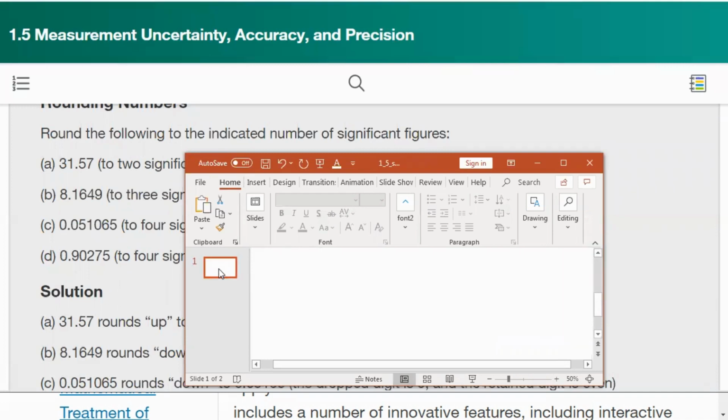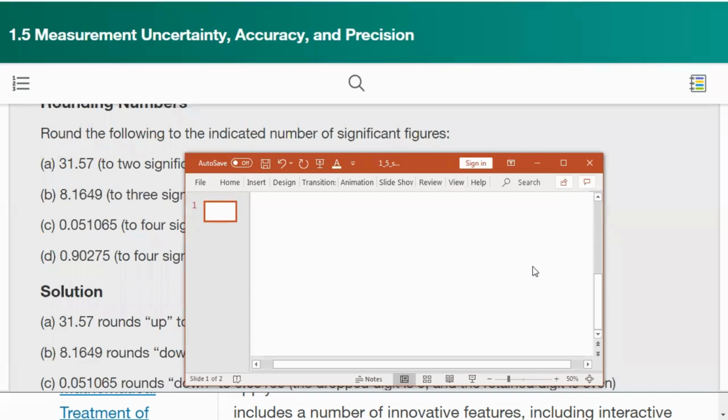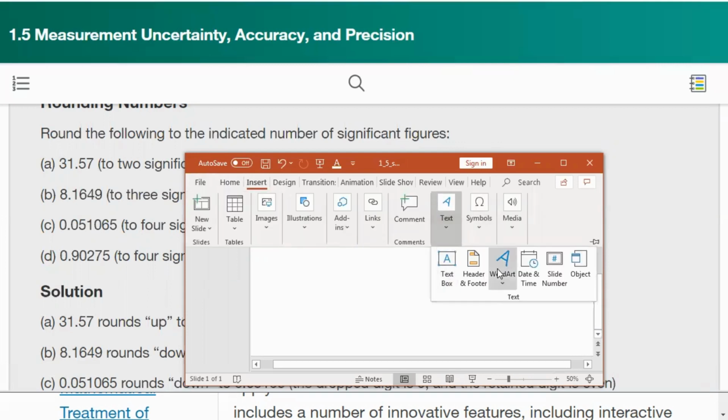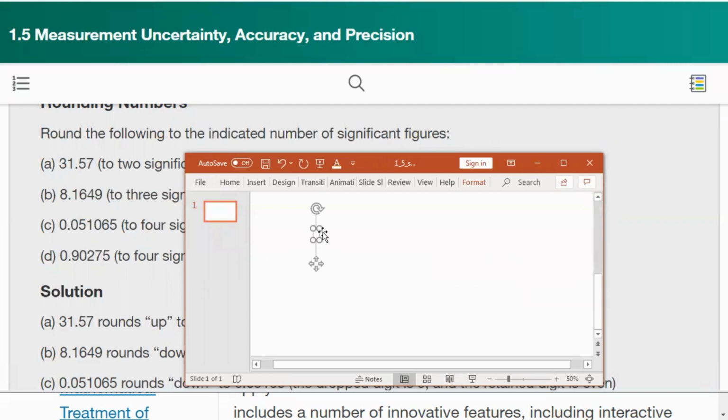I'm going to try to put a little PowerPoint slide here so we could just practice this, and I can color a few things. It's going to be a little obnoxious here. Please bear with me. 31.57.